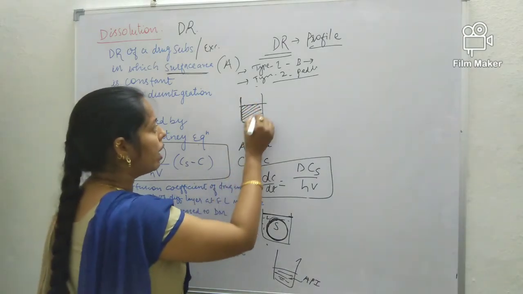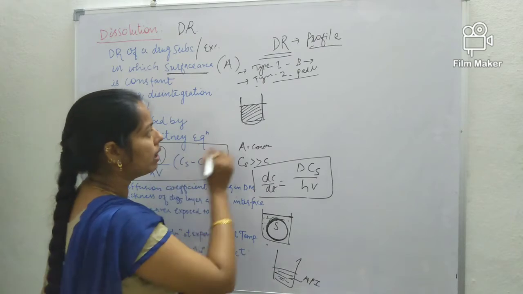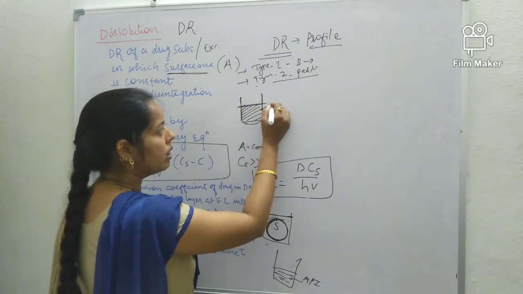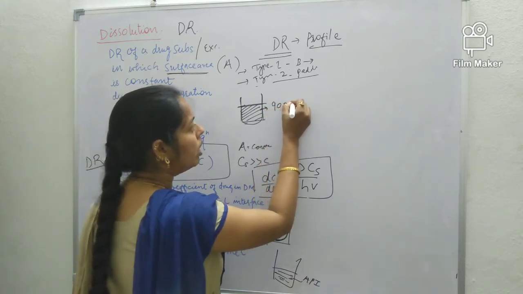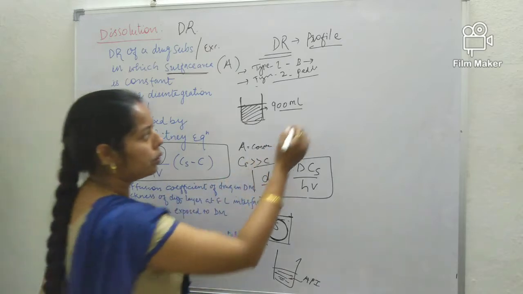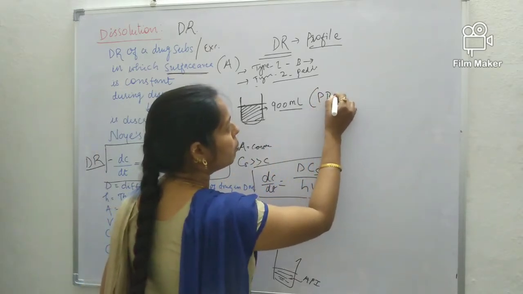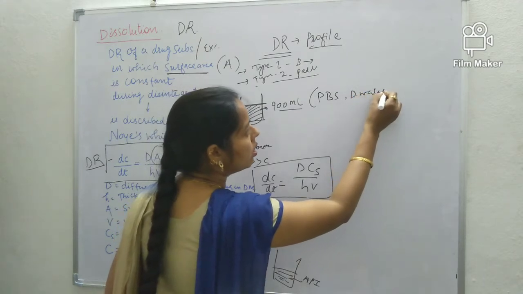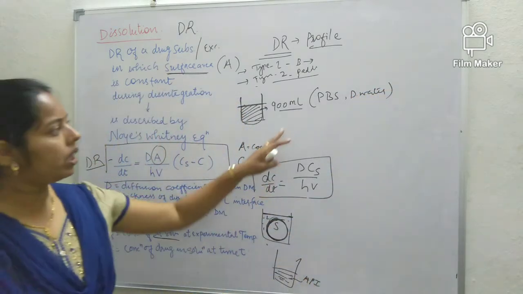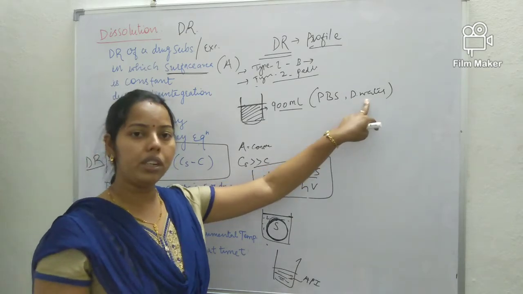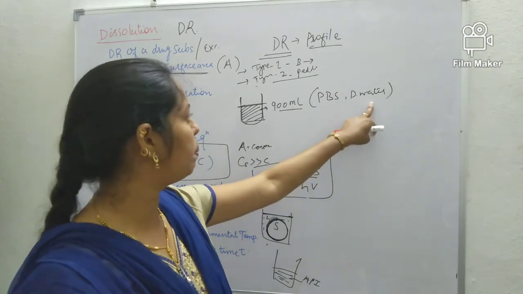So this is the dissolution flask. As per IP, the requirement is that we have to fill this flask with 900 ml of fluid. The fluid could be phosphate buffer solution or distilled water or any other solvent specified in the drug monograph in IP.